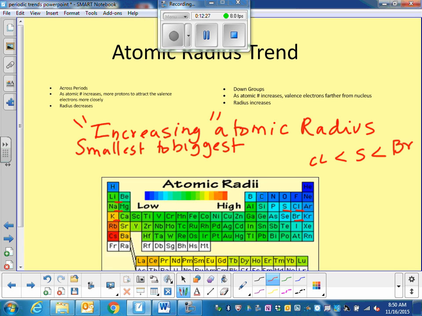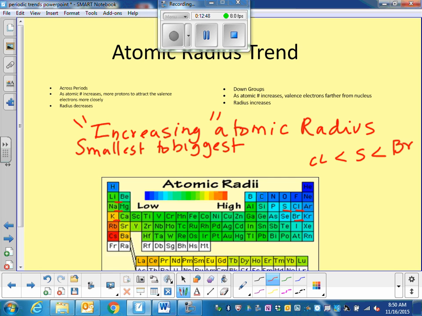All right. So tell me, which is the smallest, which is the biggest? Lithium, sodium, potassium, they're all down the group. Which is the smallest? Which is the biggest?